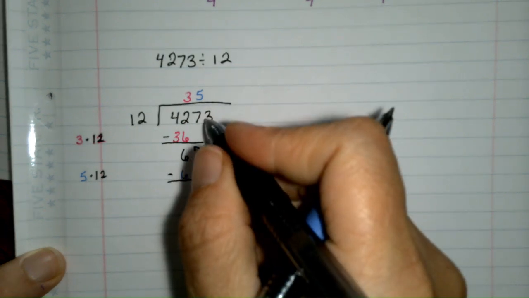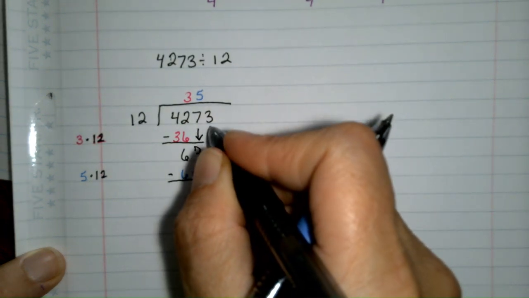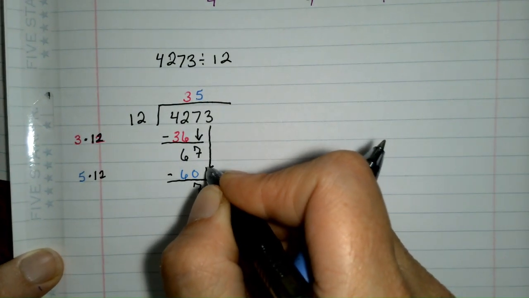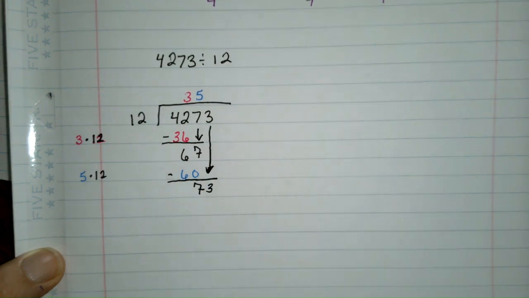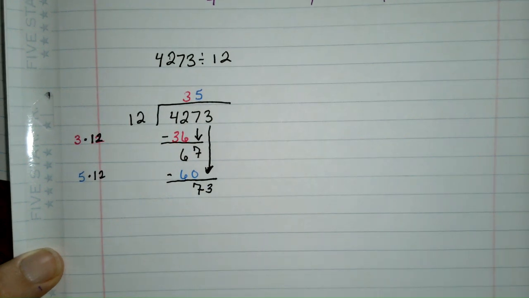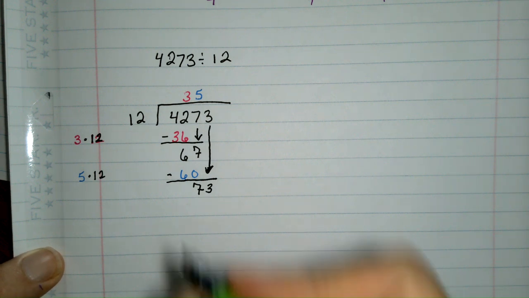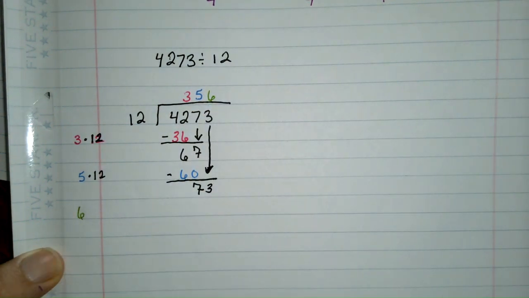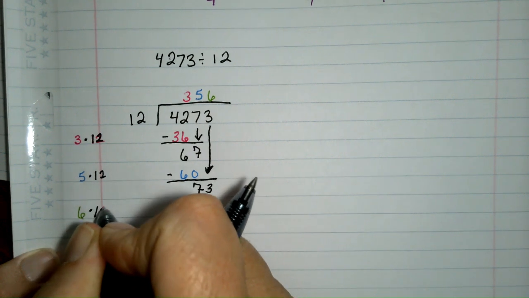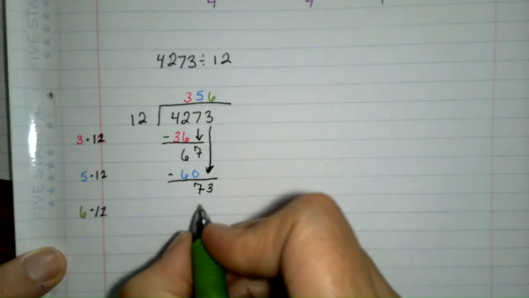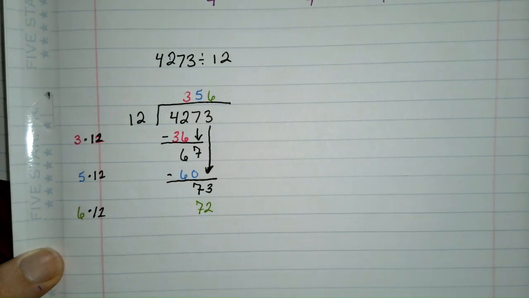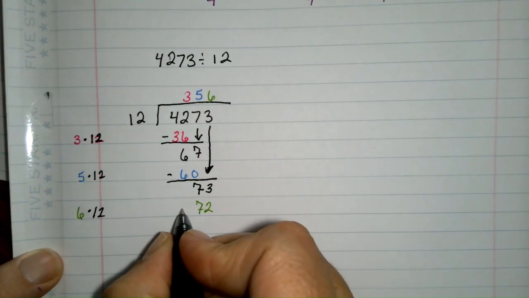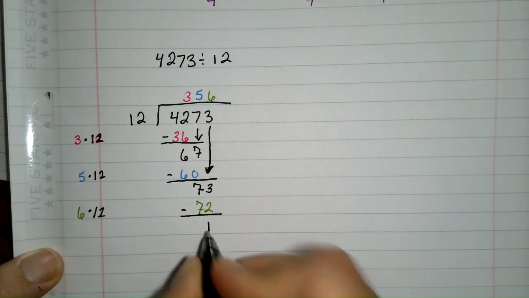Then we're going to draw arrows to remind ourselves we brought things down. We're going to bring the 3 down. Okay, now does 12 go into 73? The answer is yes, 6 times, because 6 multiplied by 12 is 72. And then we're going to subtract. We have a remainder of 1.